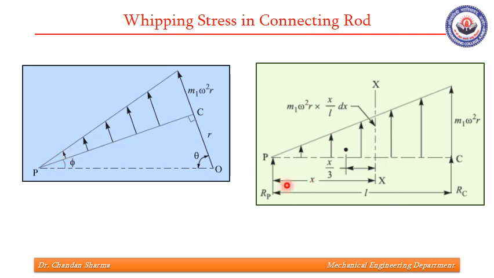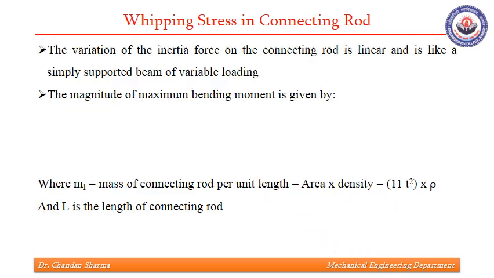For this type of loading, the maximum bending moment occurs at a distance of L by root 3 from the piston pin bearing. The variation of the forces on the rod is linear and is like a simply supported beam of variable loading.